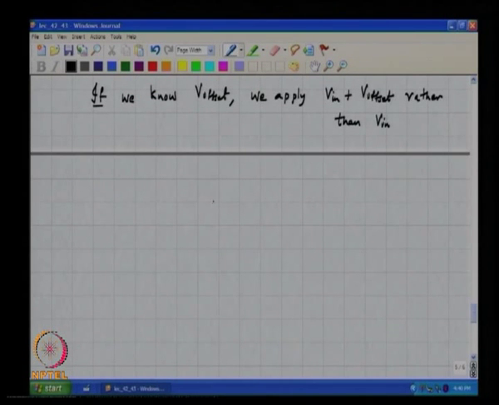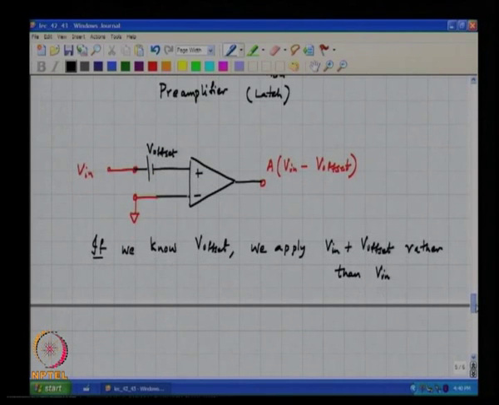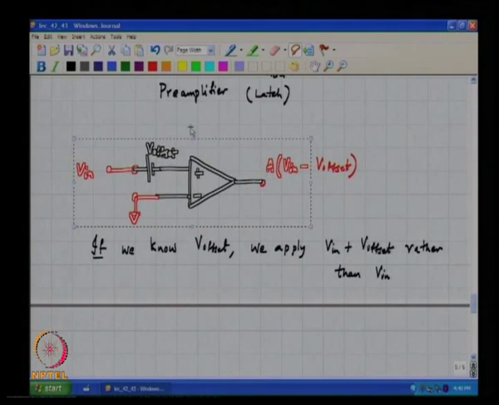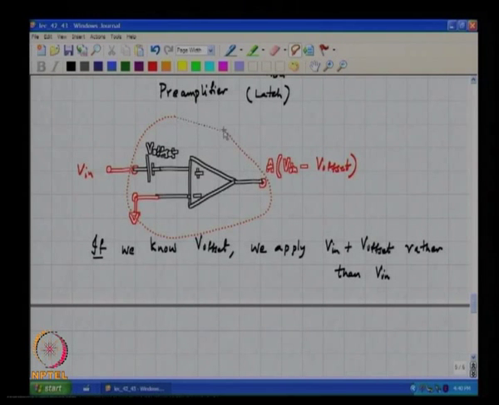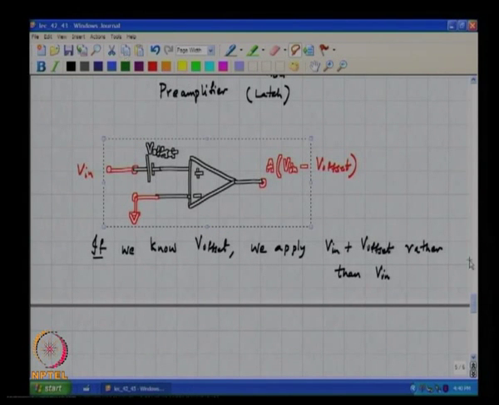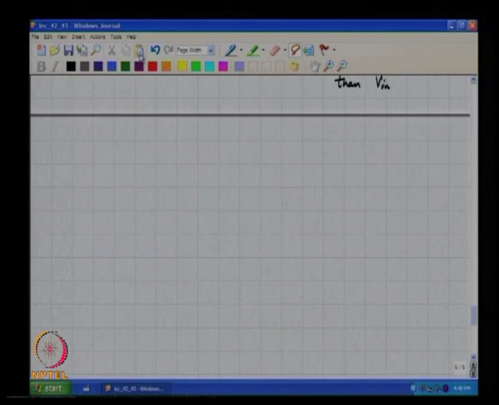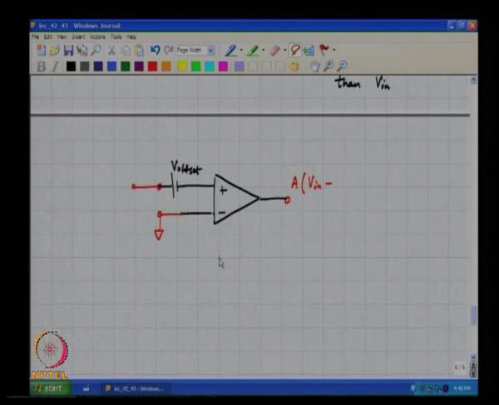Let me rephrase, or let me draw this again. How will we know V offset? We have an amplifier with some offset in it. How will we figure it out?